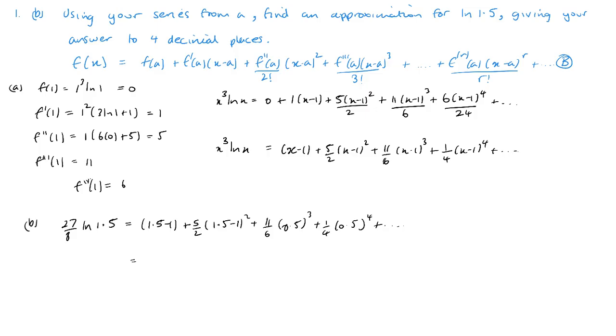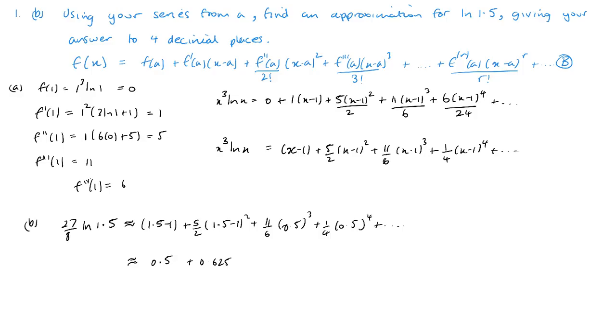Okay, so that's going to give me, so this is an approximation, so I should use an approximation sign rather than an equals sign. So 0.5, and then I've got 0.5 squared times 5 over 2, and that's 5/8, so 0.625.